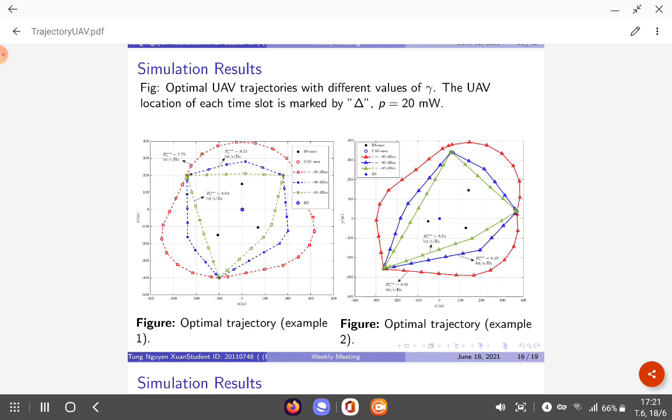And for all cases, the total achievable rate of all users is always larger than 7.7 bit per second per hertz.